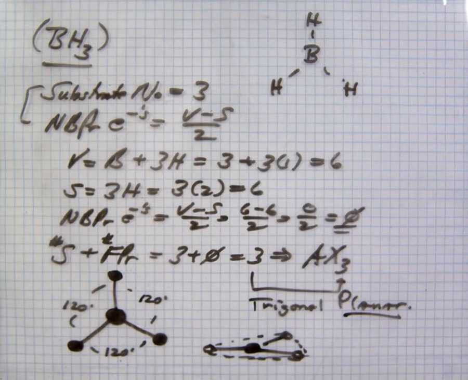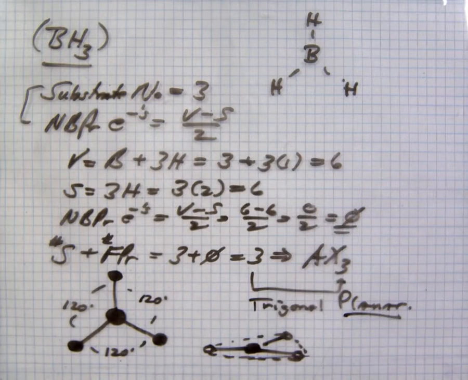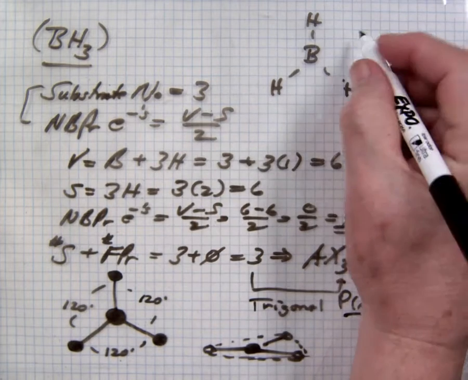Okay? Now I'm going to show you how to deal with the free pairs. This is where the parent structure and the derived structure are the same. So you need to make note of that, and you'll understand it as I go through the next part.